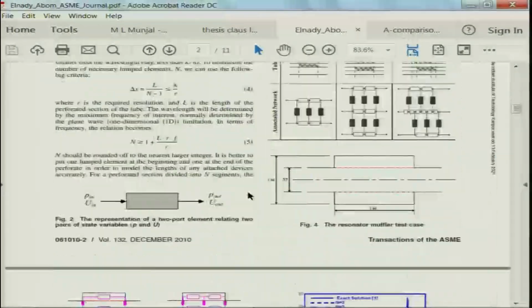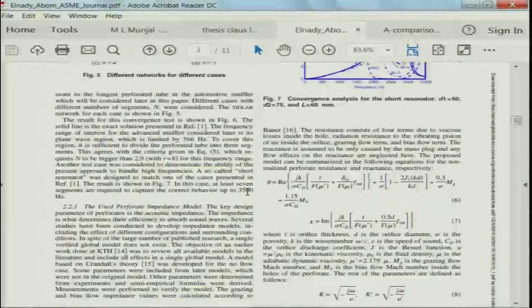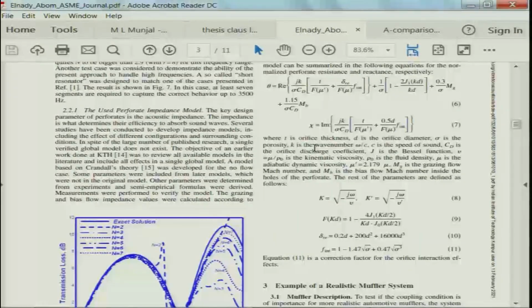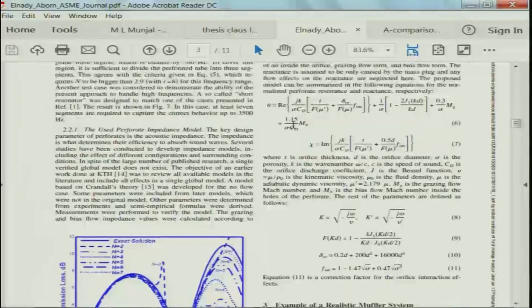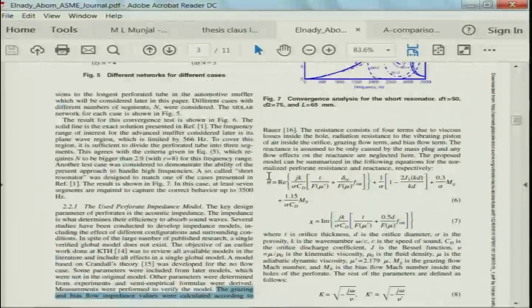This expression, which is given in the book on ducts and mufflers by Munjal, is adopted from the paper, where they modeled perforates as a system of 2 port elements. They said that the grazing and bias flow impedance were calculated according to a previous work, and the resistive part of the impedance consists of 4 terms, like I was just about to mention.